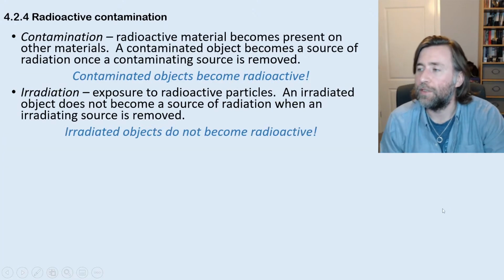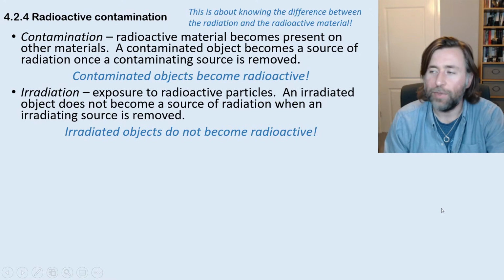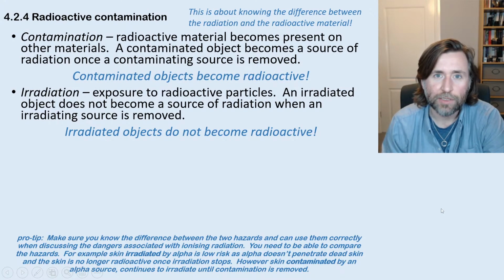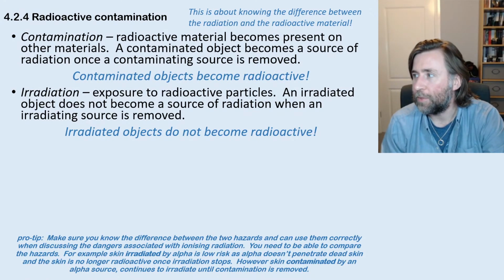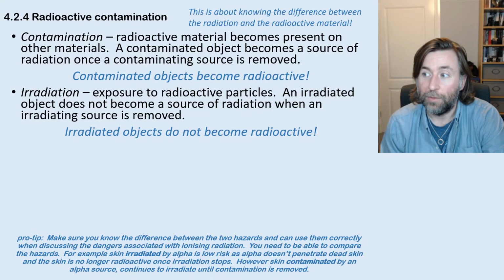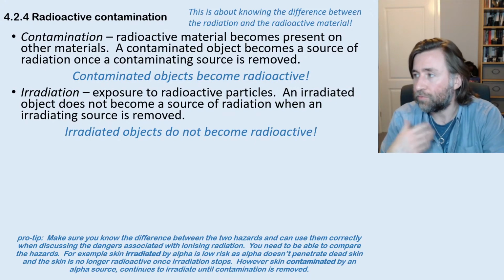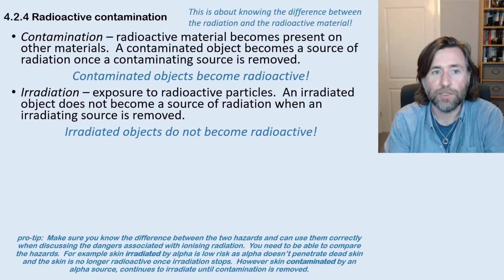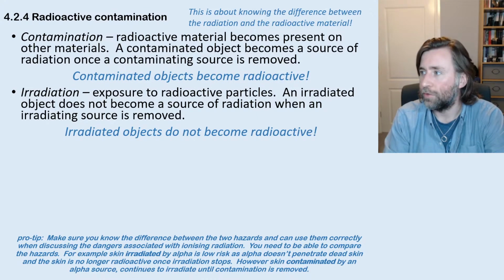Now, contamination and irradiation. There's a big distinction to make. Contamination is the worst one, because if something gets contaminated, it will actually get some radioactive material on it, i.e. some actual nuclei which are radioactive. And therefore it will continue to be a source of radiation once the source is removed.